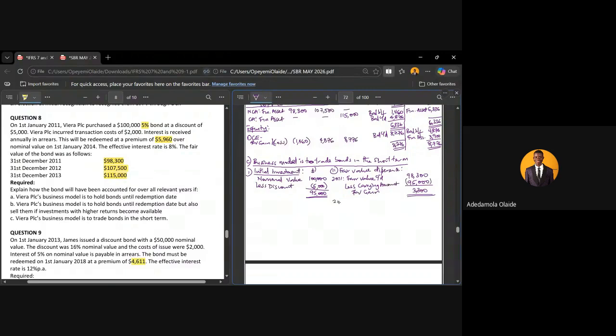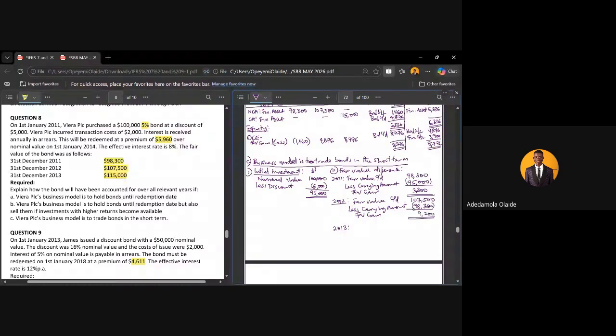In 2012, our fair value at the end of the year would be what? 107,500, less the carrying amount for that year. Carrying amount will be the fair value at the end of last year, which is 98,300. So with this, the fair value gain is how much? 9,200.